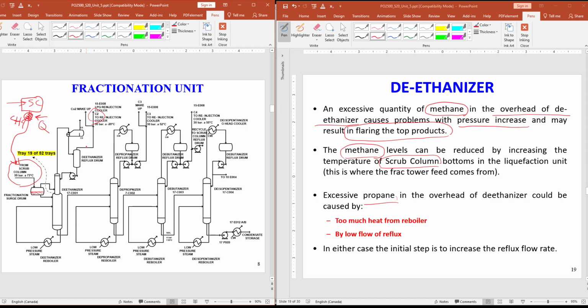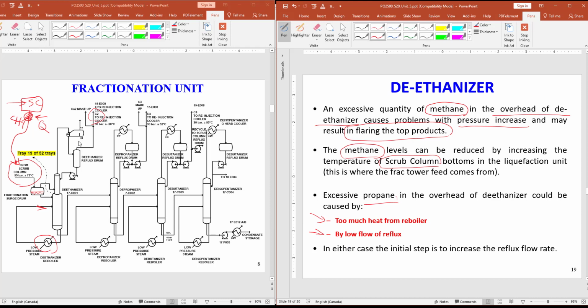that might be due to two reasons. We might have too much heat from the reboiler. Here in the reboiler, I might add too much heat, so I vaporize the propane and it goes to the vapor and all the way to the top and will be seen here. Or I have a low flow of reflux.